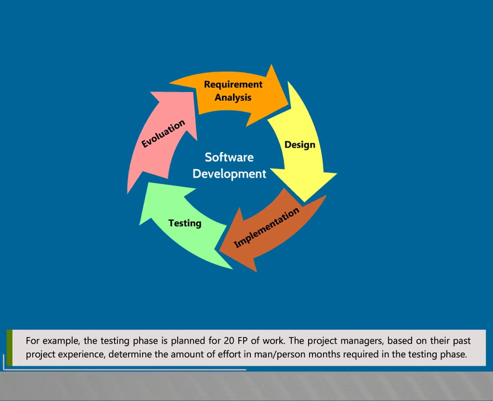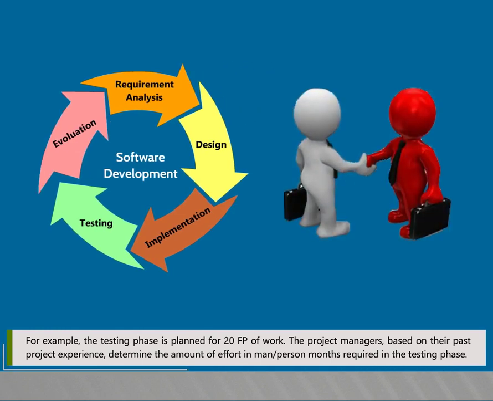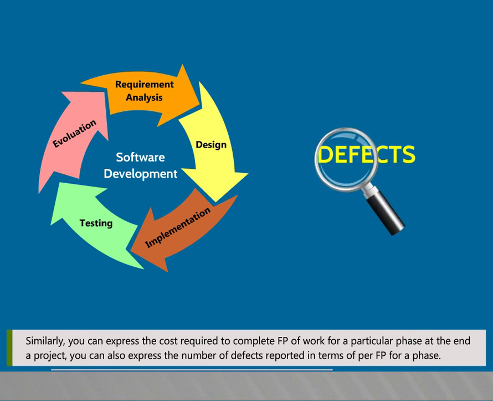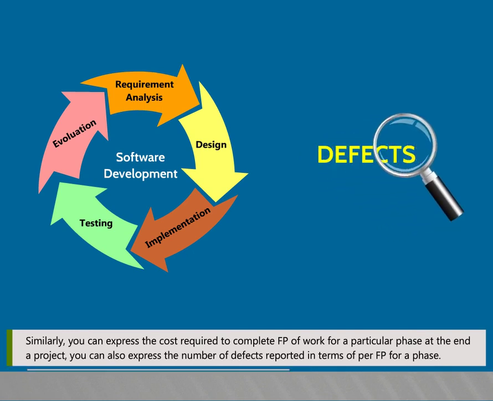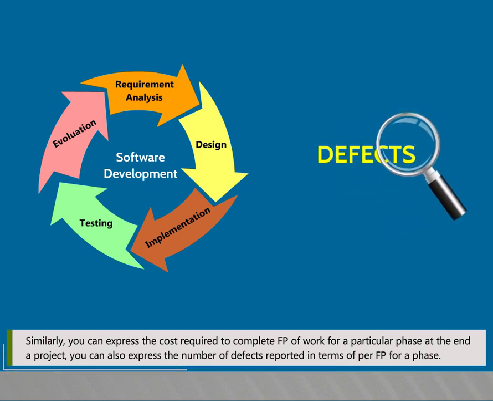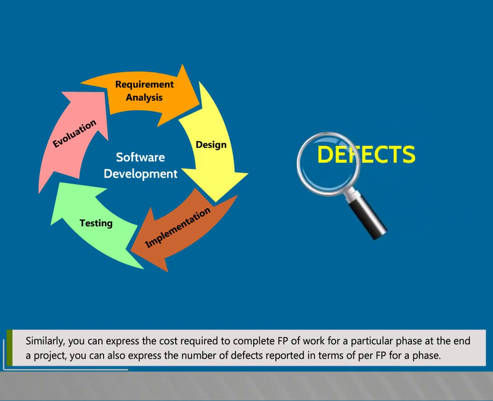The project managers, based on their past project experience, determine the amount of effort in person months required in the testing phase. Similarly, you can express the cost required to complete FP of work for a particular phase. At the end of a project, you can also express the number of defects reported in terms of per FP for a phase.